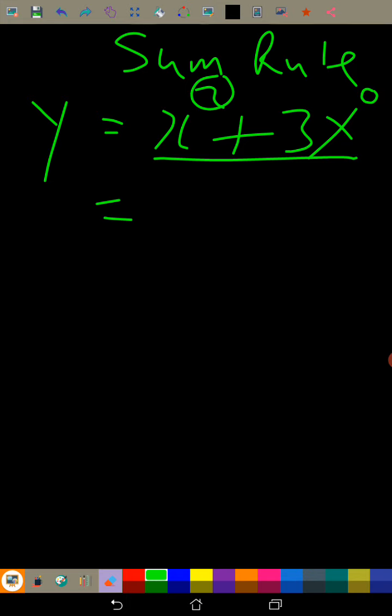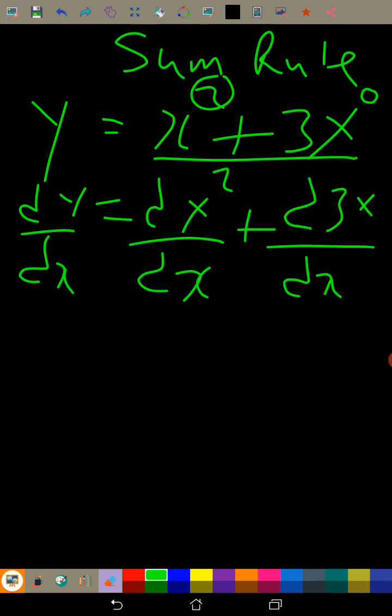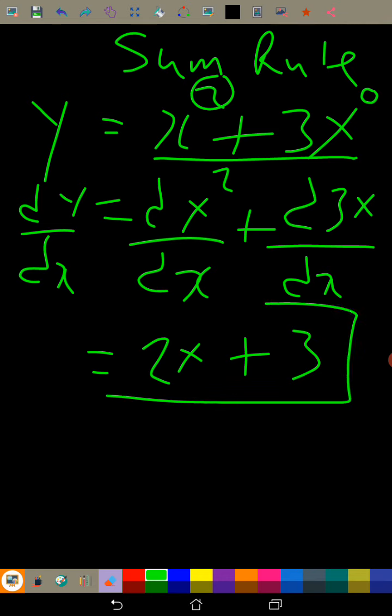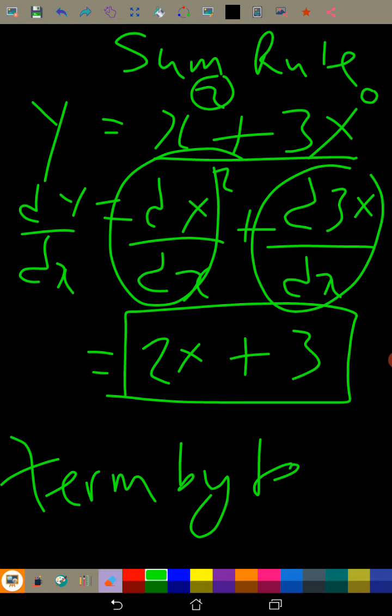And so how are we going to differentiate this? dy by dx, we can differentiate this here, d/dx of x squared, plus d/dx of 3x. So we just do 2x plus 3, and that's a general thing. So we just do term by term. Sum, we can say that it's term by term. We're differentiating term by term.